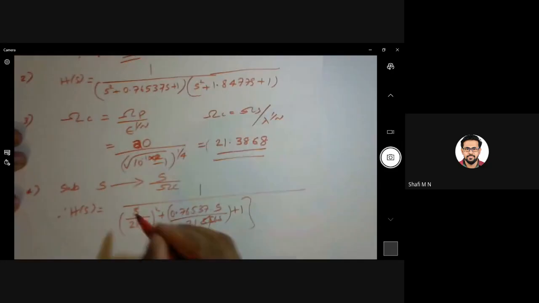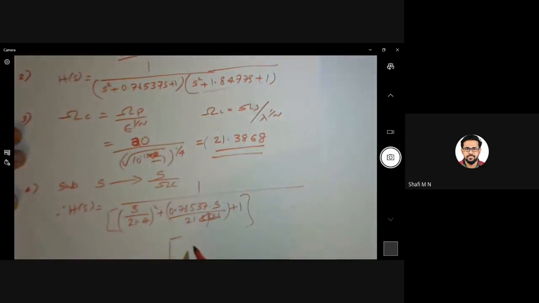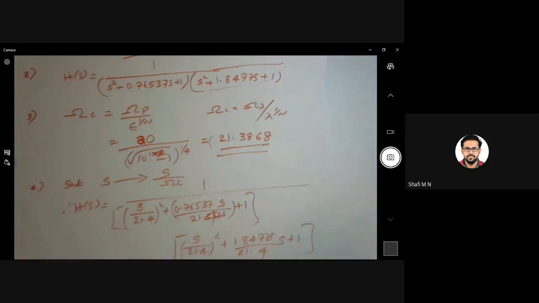That is the first term, into the second term. Again there also replace S by 21.4: S by 21.4 square plus 1.8477 S divided by 21.4, plus 1. You can simplify this by dividing with 21.4. So this will be your final transfer function.